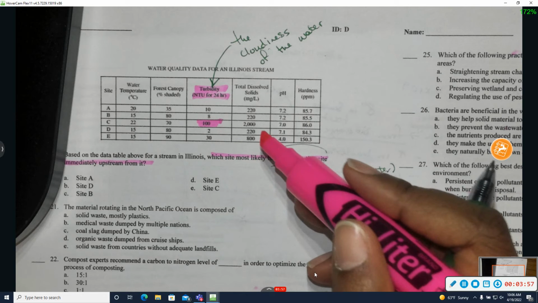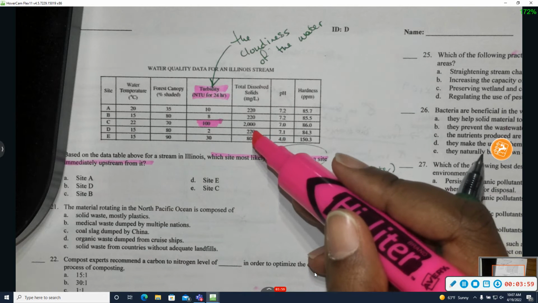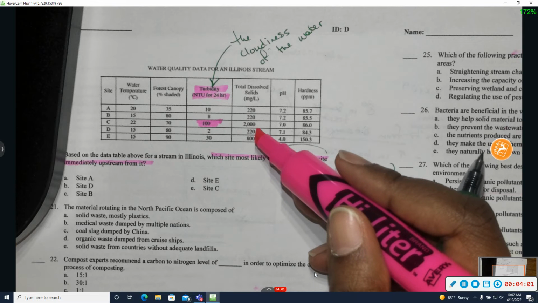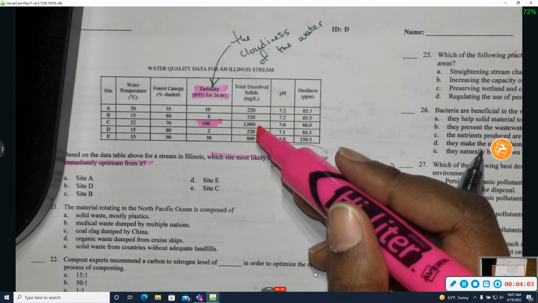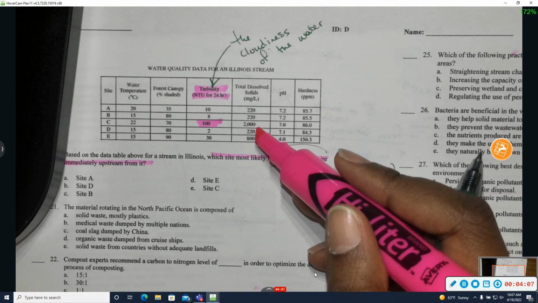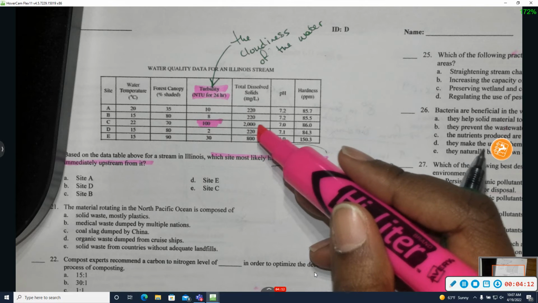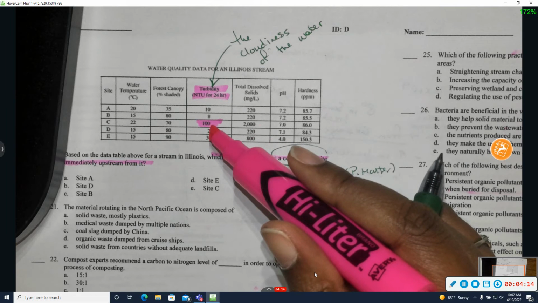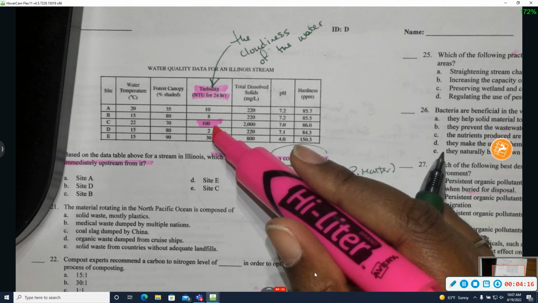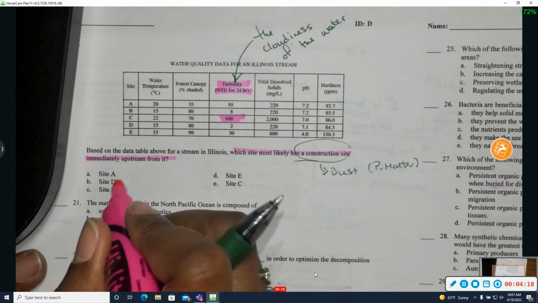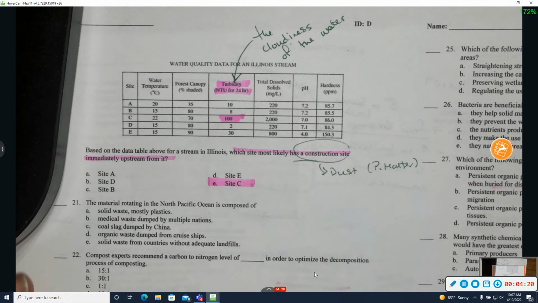And then you could also look at the total dissolved solids, and there was 2,000 milligrams per liter here. So that could have given you some direction right there. But nothing else would have really given you direction. And so this probably is your answer. So that's site C. Not probably, it is your answer.